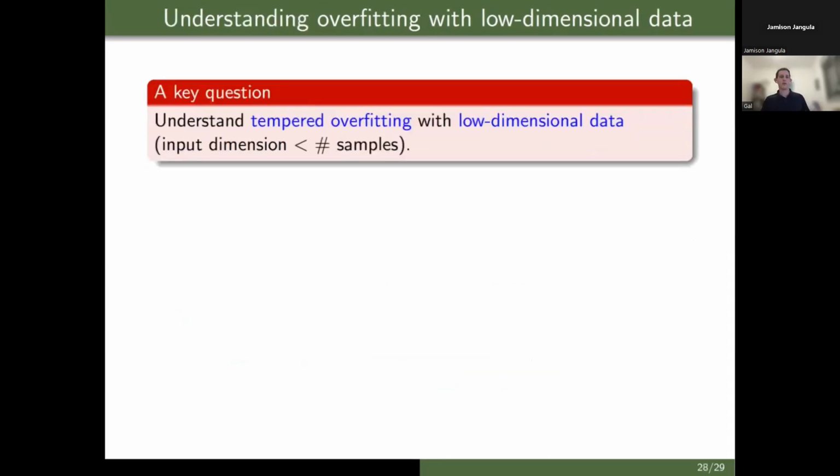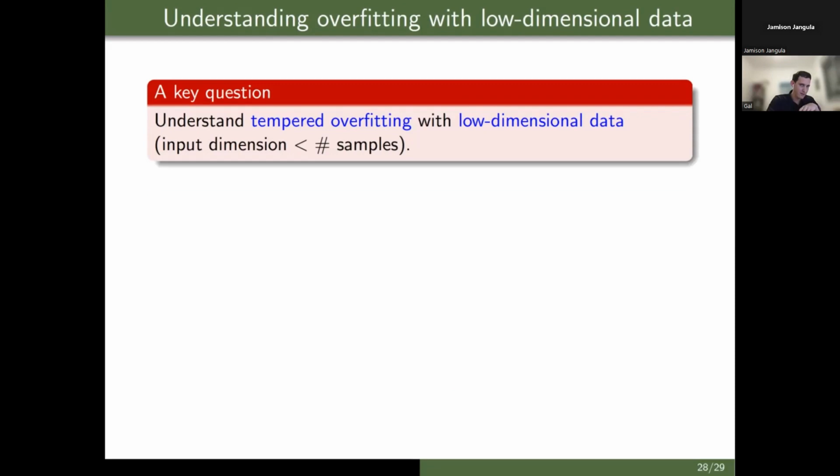And I think that if we combine this empirical evidence with the fact that all theoretical results require high dimensional data, it suggests that an important question might be to try to understand tempered overfitting with low dimensional data, namely to understand the test performance of interpolating neural networks in settings where the input dimension is smaller than the number of training examples.